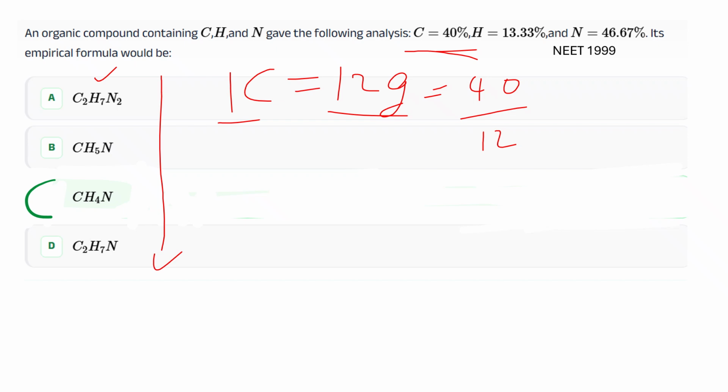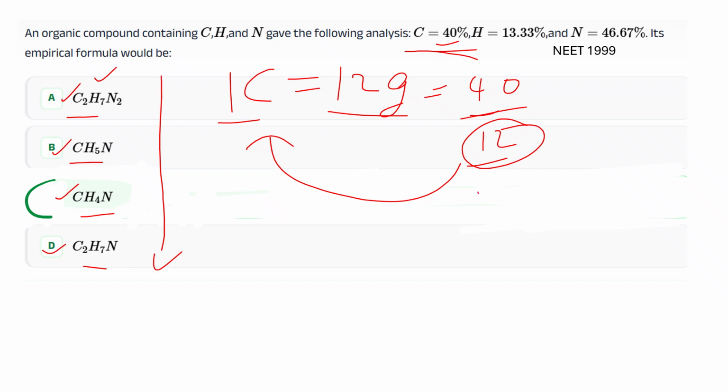So we need to convert those percentages into moles so that we can find the empirical formula. In option A there are 2 moles of carbon, option B 1 mole of carbon, option C 1 mole of carbon, option D 2 moles of carbon. C1 means 1 mole carbon, C2 means 2 moles carbon, so we find the number of moles.